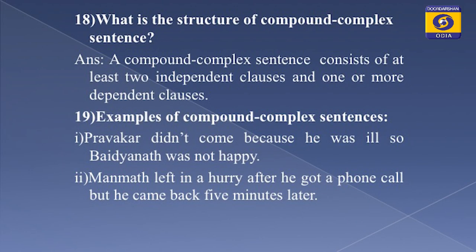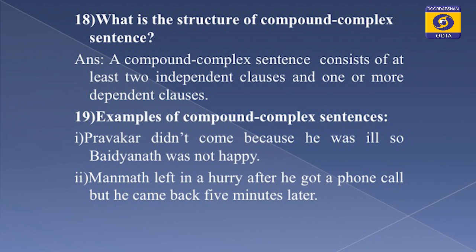What is the structure of a compound complex sentence? That is not in your textbook. A compound complex sentence consists of at least two independent clauses and one or more dependent clauses.